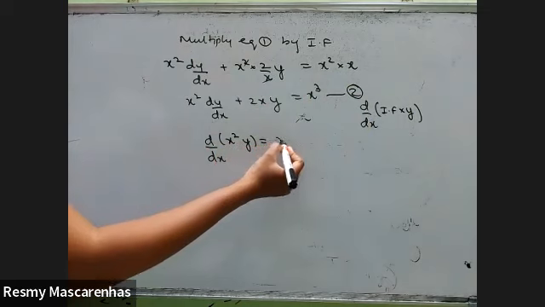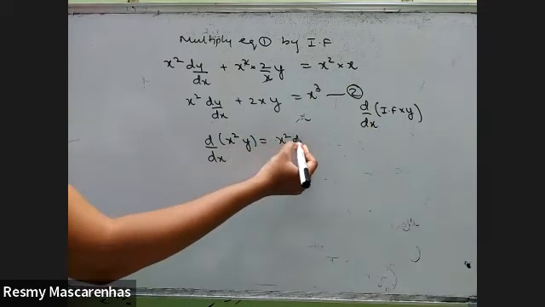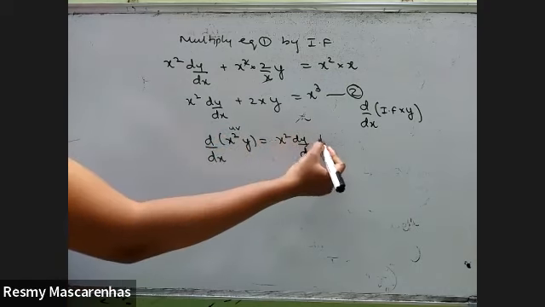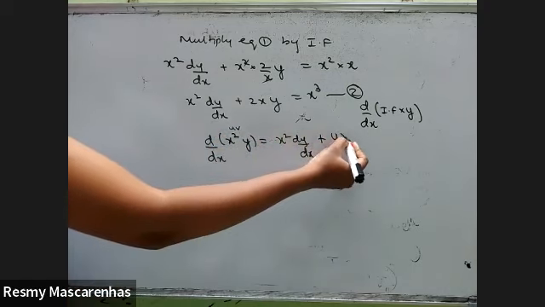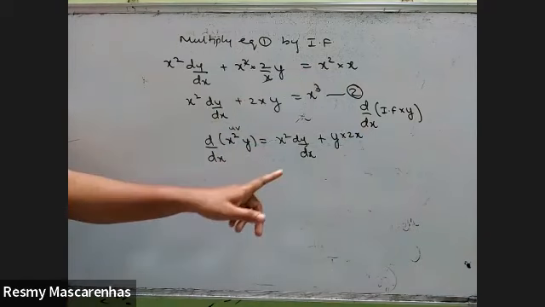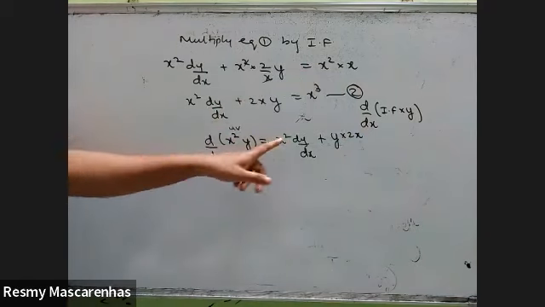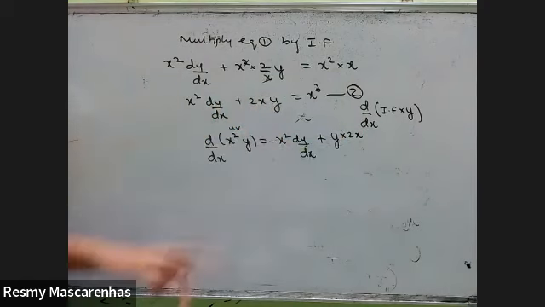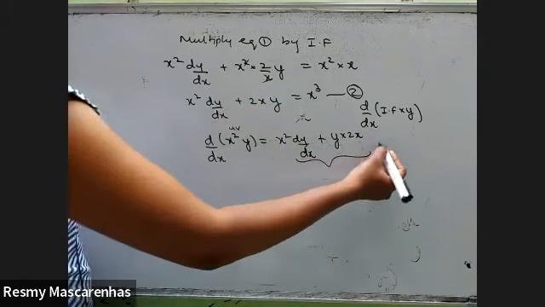u into v derivative is what? u into derivative of v plus v into derivative of u. I'm applying the u into v rule. So you just see, isn't it the same thing? This is nothing but x square dy by dx plus 2x y.